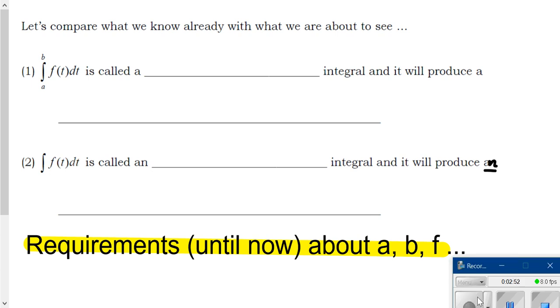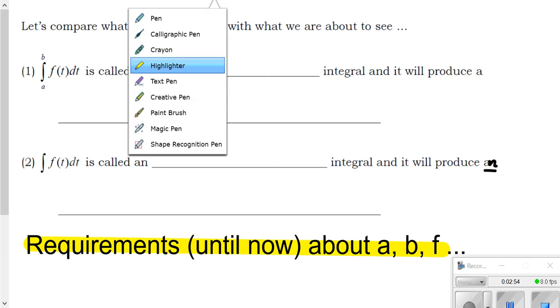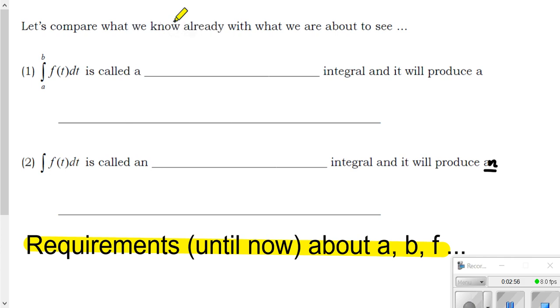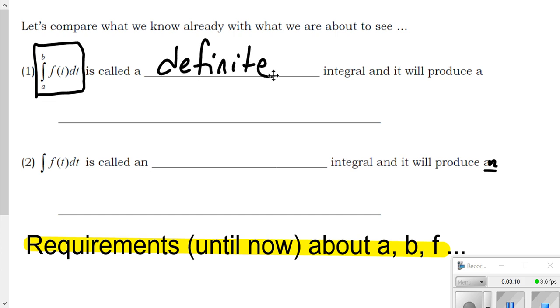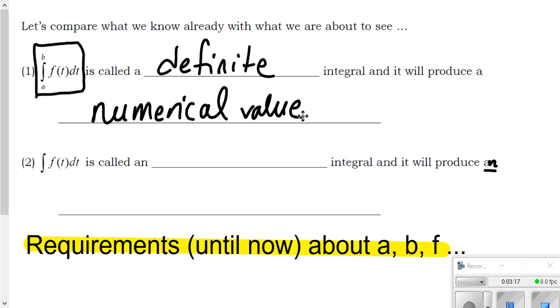So just as a reminder of vocabulary, I have in your notes these sentences that I just want us to complete. When we have something like this, we have an integral, it has a little a and a little b on it, right, a couple of numbers. That is what's called a definite integral. That should not be news, and it is going to produce a numerical answer, because it can represent something like area underneath this curve from this starting point to this ending point, right, things like that.